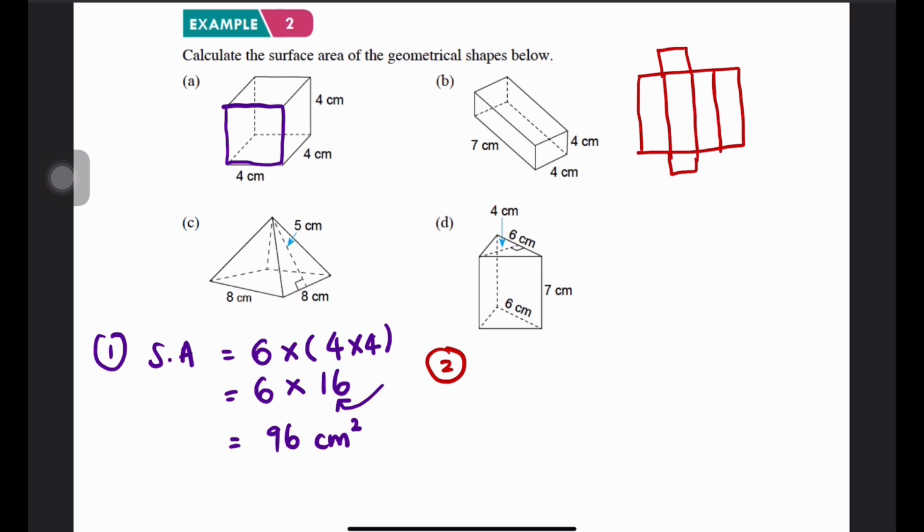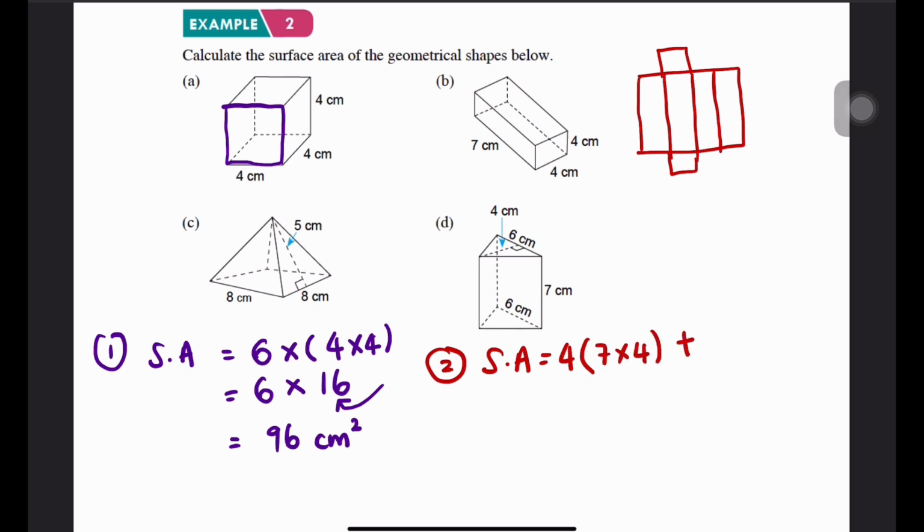So surface area of a cuboid is actually, so we calculate the rectangle first. So we have 4 rectangles. So the area of the rectangle is 7 times 4.